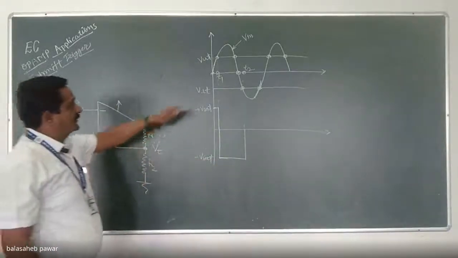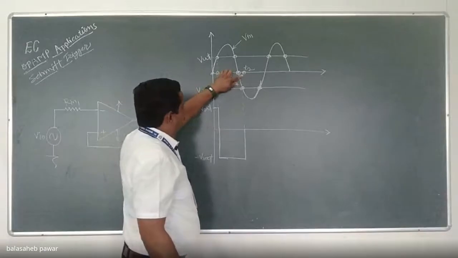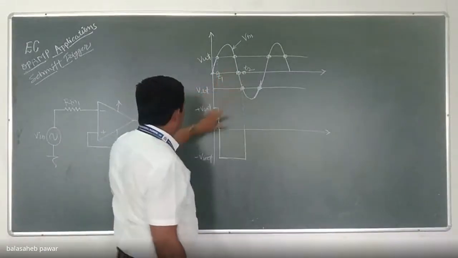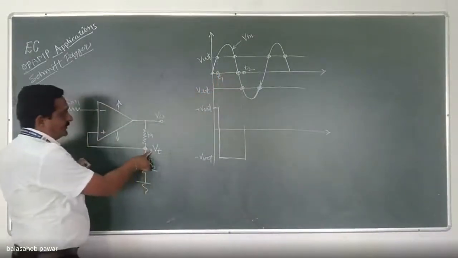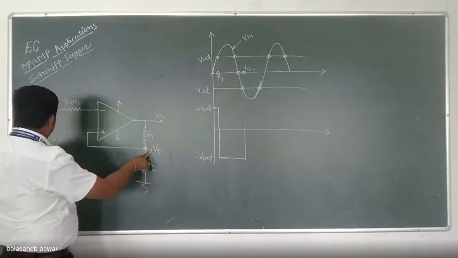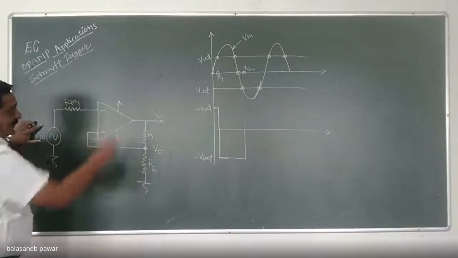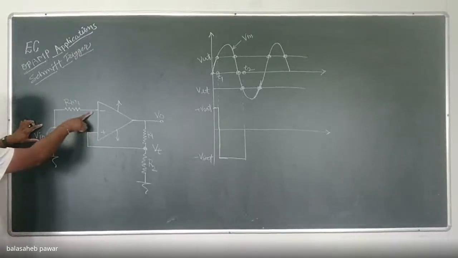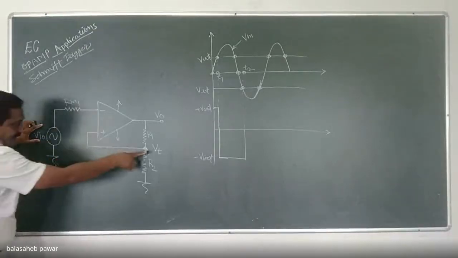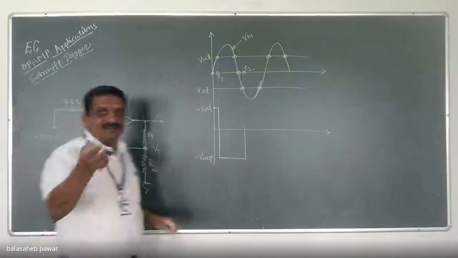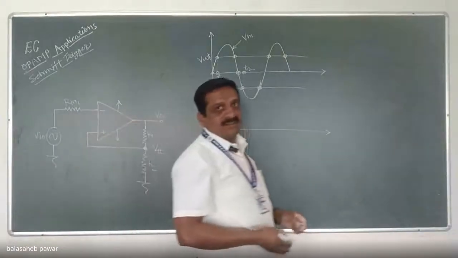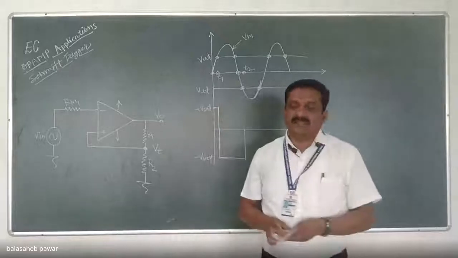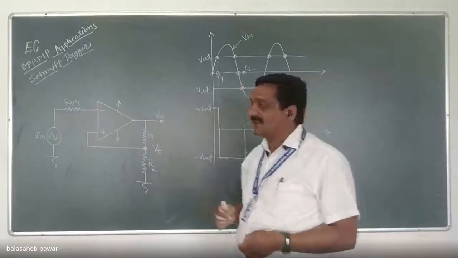At t equals T2, as the output goes to 0, Vt will become 0, right? While our Vin is at negative potential. At t equals T2, Vin is at somewhat negative potential, while Vt becomes 0. So 0 volt is more dominant as compared to the other input, which is at negative potential, right?